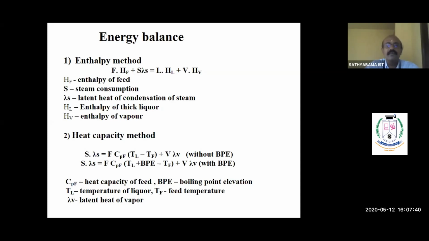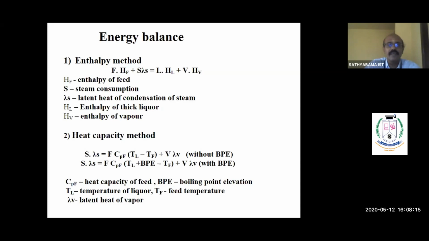So by using this, it is possible for us to determine the steam consumption. The enthalpy values can be obtained from the steam tables at respective temperatures of feed, liquor and vapor. So through the temperatures only, it is possible for us to obtain the different enthalpies of feed, liquor as well as vapor. In the material balance, we know the F value, so HF can be substituted with respect to the temperature of the feed material.